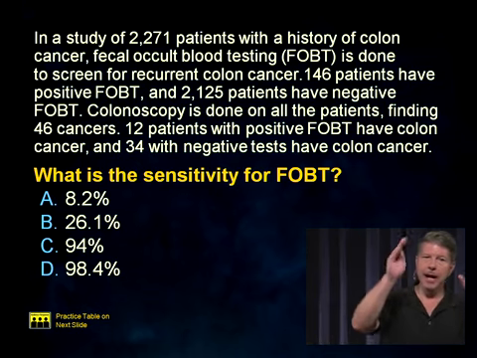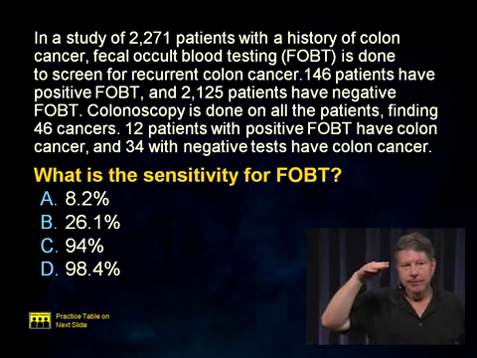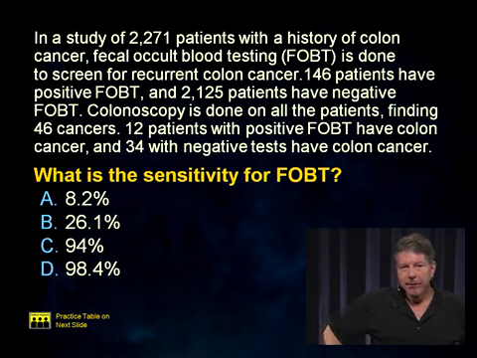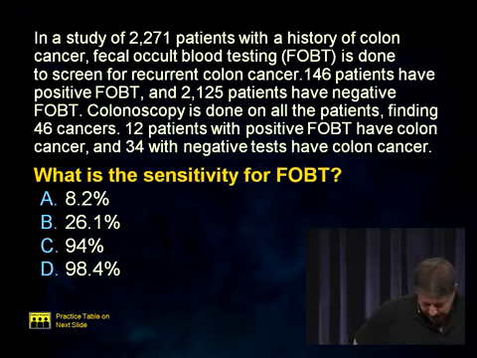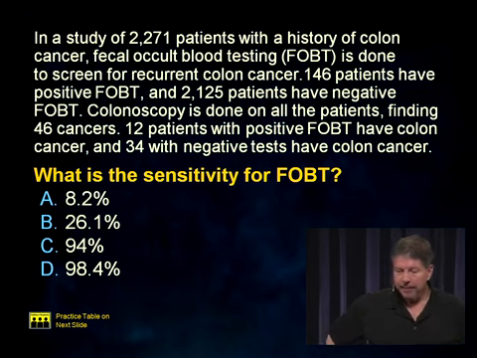Put cancer above the first column and no cancer above the second column. And then what's going to be on the side? Test. So you're going to put test positive for the first row and test negative for the second row. Okay, we good?